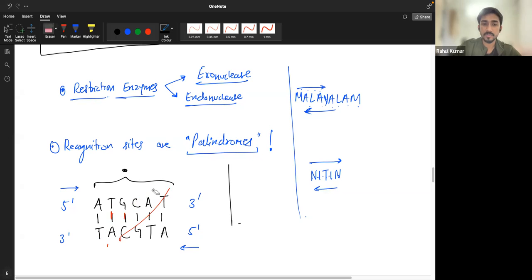That's what restriction enzymes do. So write down: restriction enzymes cut the DNA strand away from the center of the palindromic sequence. Away from the center of the palindromic sequence.